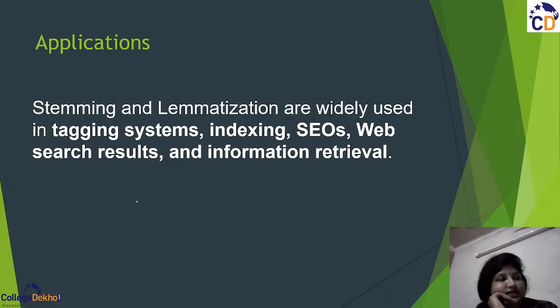In a tagging system we usually have lemmatization and stemming, indexing, SEO, web search results. The very popular application of stemming and lemmatization is when you search anything on a website, it is divided into tokens, and sometimes the suffixes are removed and it retrieves the information from the database, right?